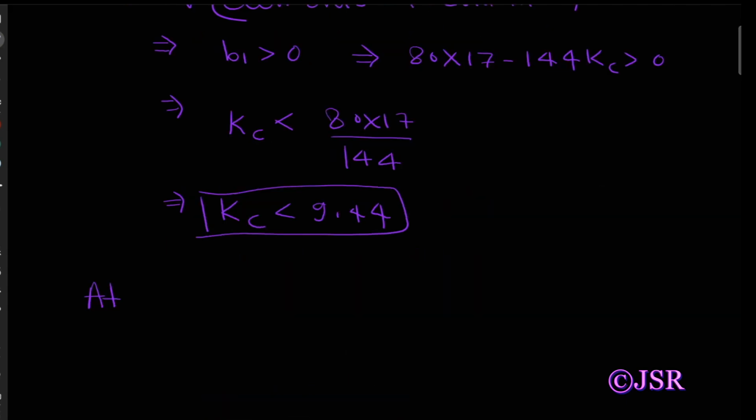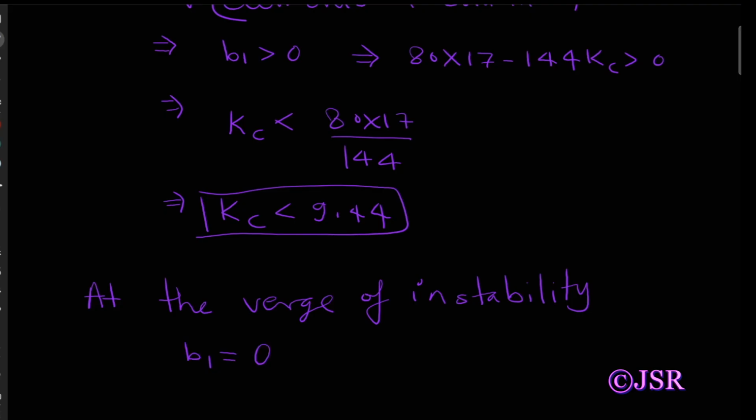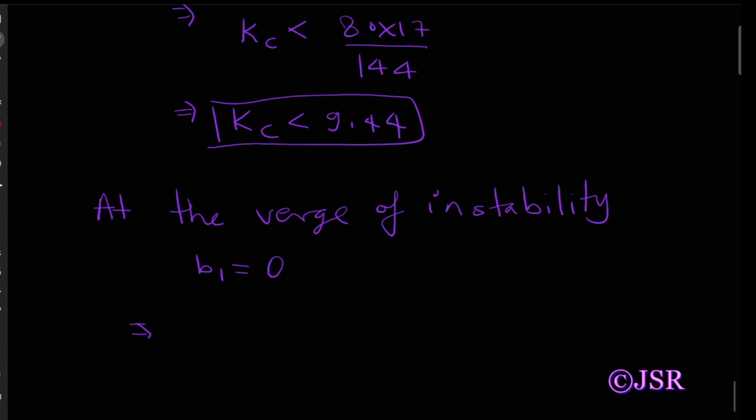Similarly, at the verge of instability, this B1 should be equal to 0.